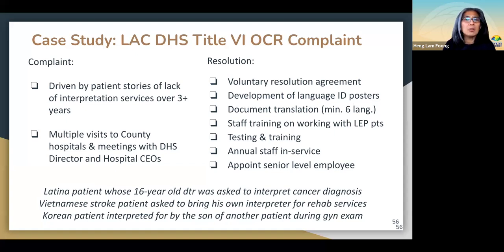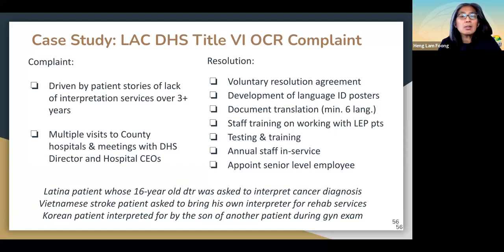It's all unacceptable, right? So we did not want to file this complaint, but it was just year after year of meeting with hospital administrators, right? With the director of the department. Nothing worked. So we worked with language access advocates, right, from the National Health Law Program and Asian Pacific American Legal Center, that's what they were called back then, to really figure out what we would do.